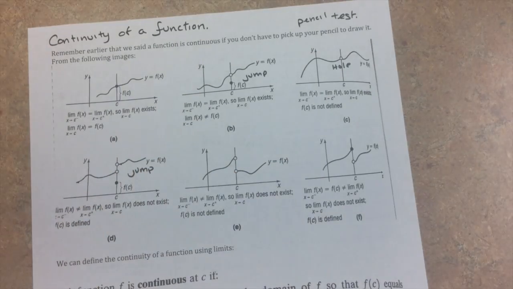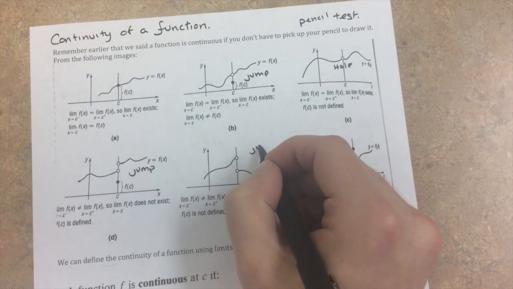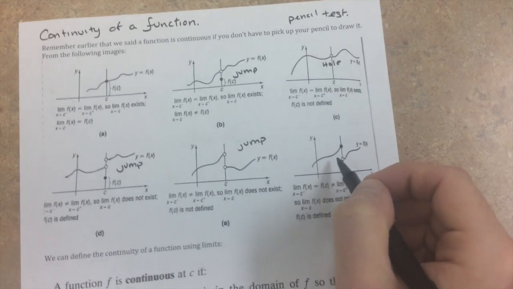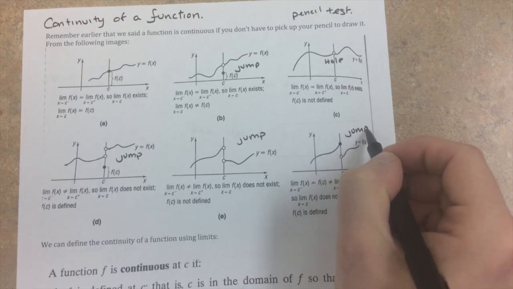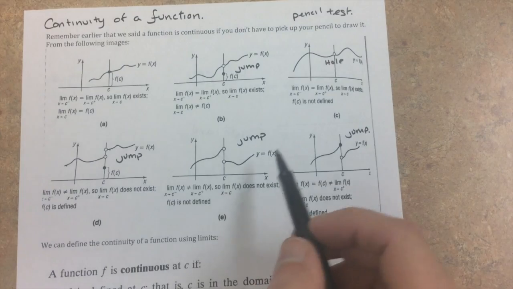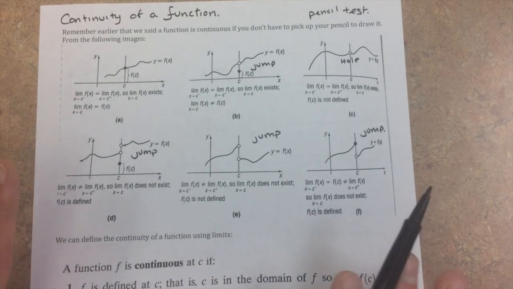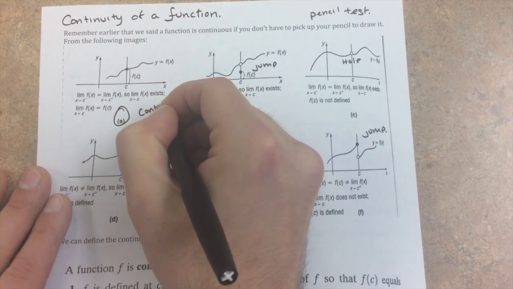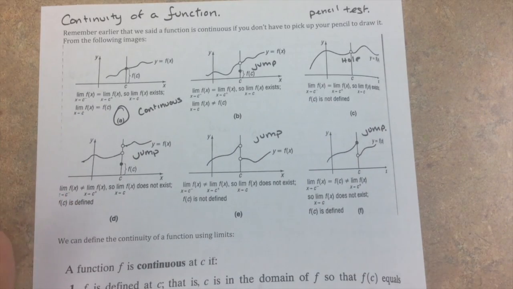Same thing with E, we have a jump discontinuity. So here, all of these, when I have to pick up my pencil, are not continuous. The only continuous function is A. All these other functions are not.